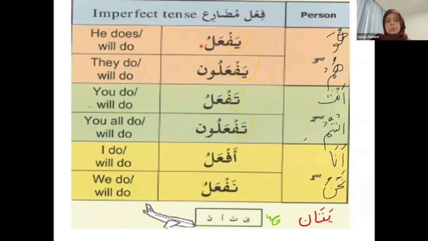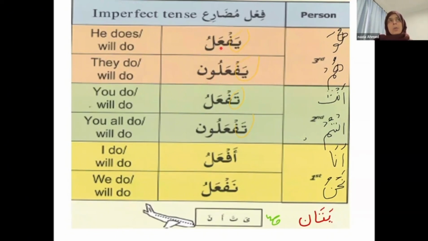Yaf'alu. For hum, again, you copy yaf'alu as it is, and you add vowel noon to it, una sound. Where did we do una? When we're doing nouns. From now on, I want you to acknowledge that una is not only the recognition for noun, una can also come in verbs when you're making them plural.